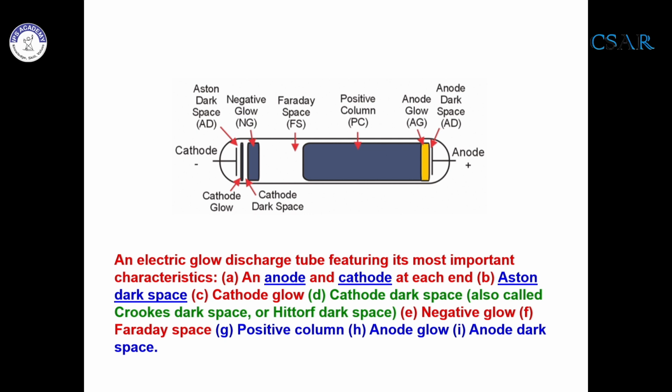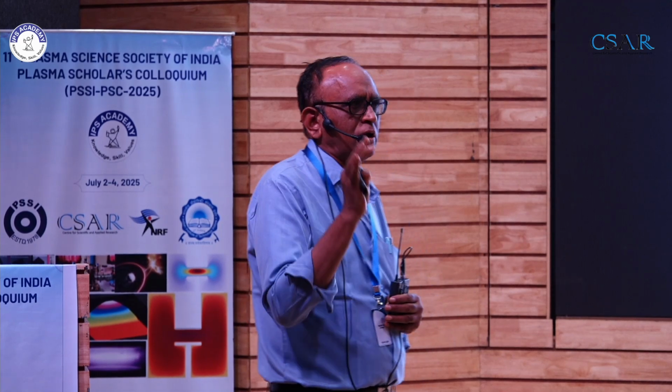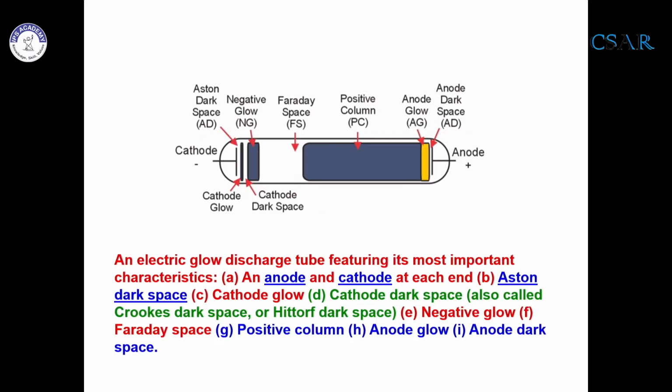Now, this is not a very comfortable situation for CVD, because you have the dark spaces and all these things. So what is done when you are using these plasmas for sputtering applications, etc., is that the distance between the cathode and anode is reduced, and that reduction is done at the cost of reduction of the positive column in the plasma. So you are bringing the anode towards the cathode, and at a certain distance you have this negative glow.